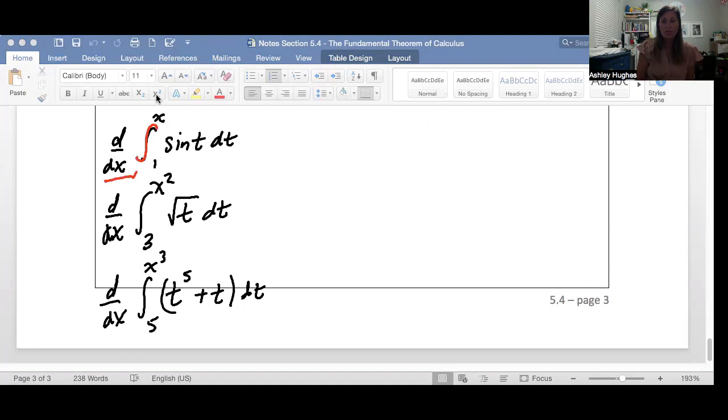And so this is when we use the second fundamental theorem, which says plug this into here. Do not change this function because you would integrate it, but then you would differentiate it again. So it would go back to where it started. But then don't forget to multiply by the derivative of this, which is just 1. So it's just sine x.